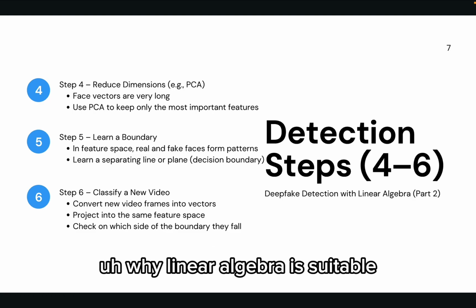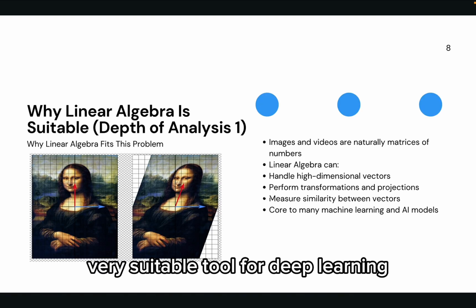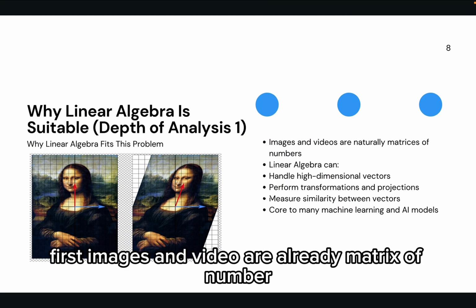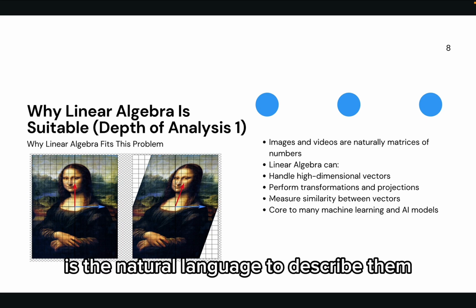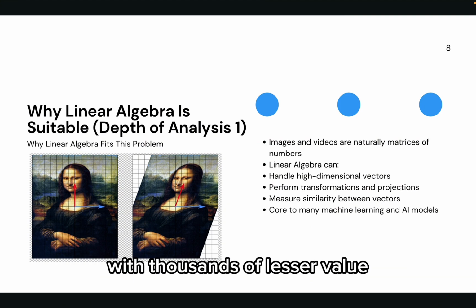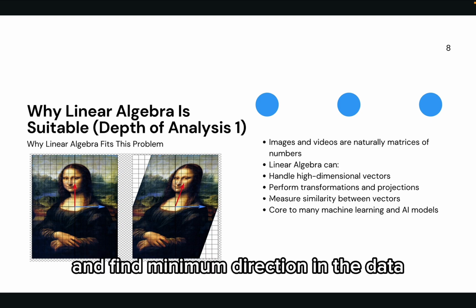Why is linear algebra suitable? Linear algebra is a very suitable tool for deepfake detection for several reasons. First, images and video are already matrices of numbers, so linear algebra is the natural language to describe them. Second, face data is highly dimensional. With thousands of pixel values, linear algebra provides a framework to handle these high-dimensional vectors, reduce dimension, and find meaningful directions in the data.